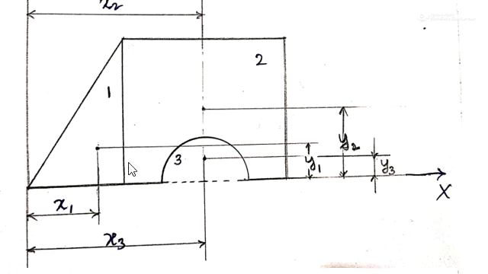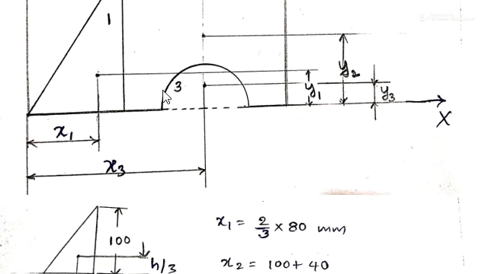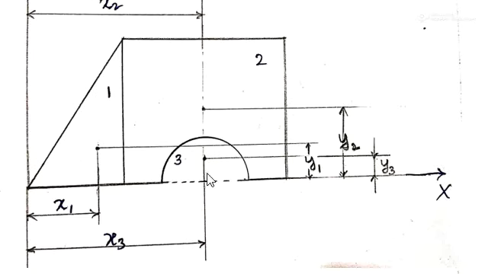Here we are taking the total rectangle, including this semicircle also, we are not removing it. So y2 will be half of 100, that is 50. And next y3, now we are taking the semicircle separately, of dimension 80, so the radius is 40.